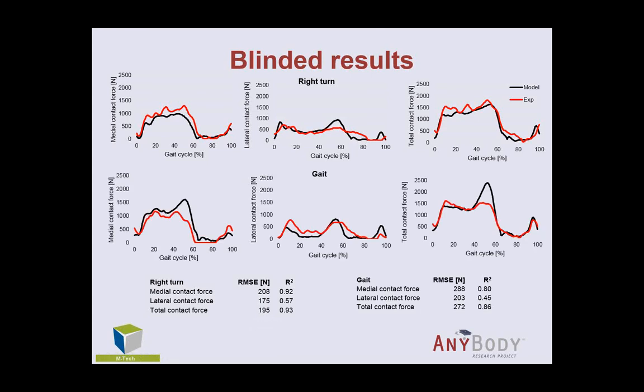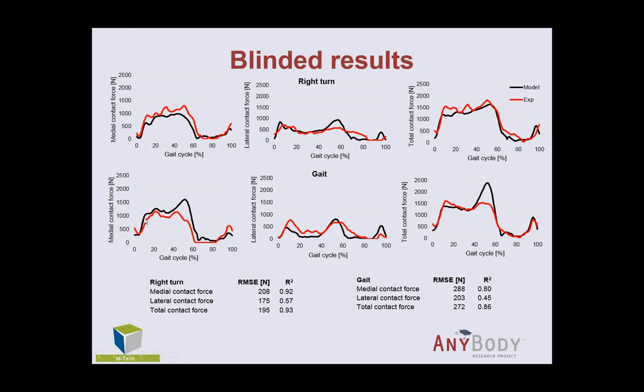So then what about gait? Actually, I would like to start on the right. If you look at the total contact force, it follows very nicely until the second peak, where it significantly over-predicts, but follows very nicely the rest of the way.